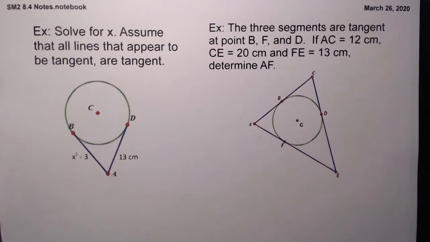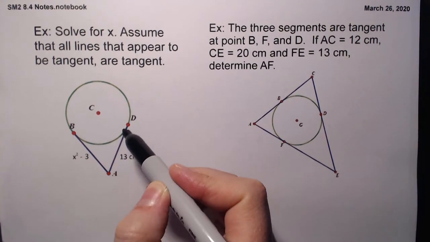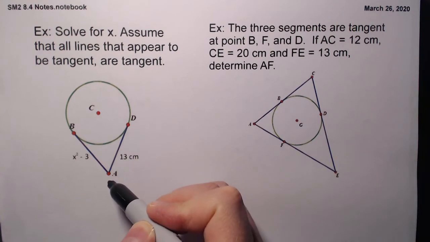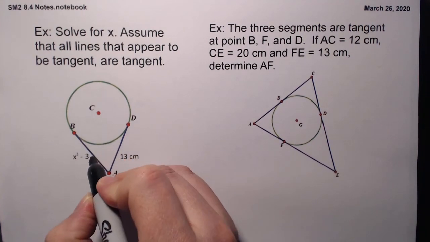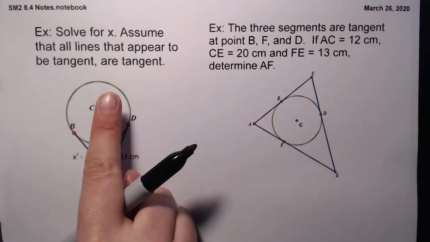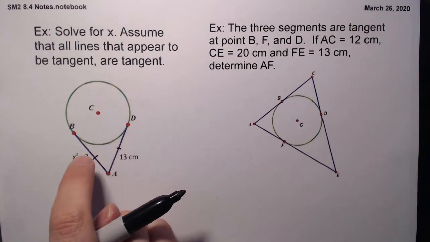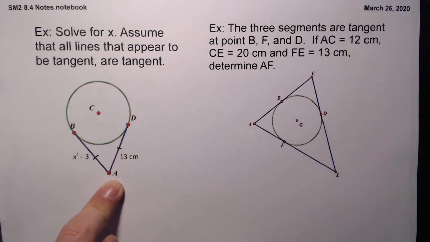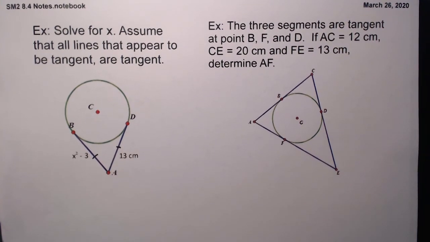Using what we learned from the last theorem, if these lines are tangent to the circle and they meet at this point, that means the lengths have to be equivalent. It says assume that all lines that appear to be tangent are tangent. So these lengths have to be the same.